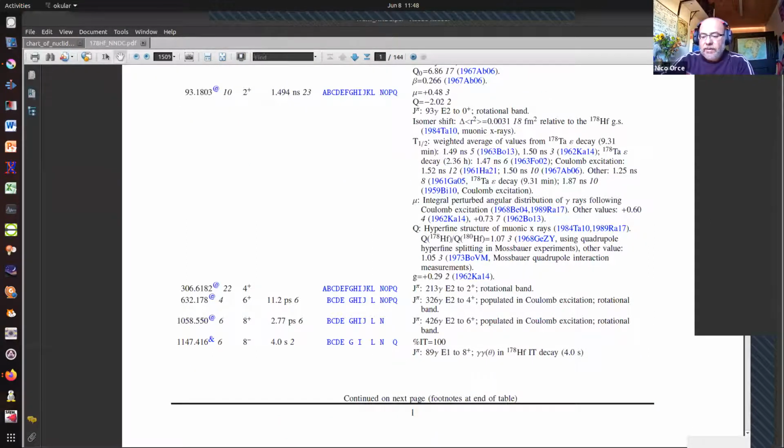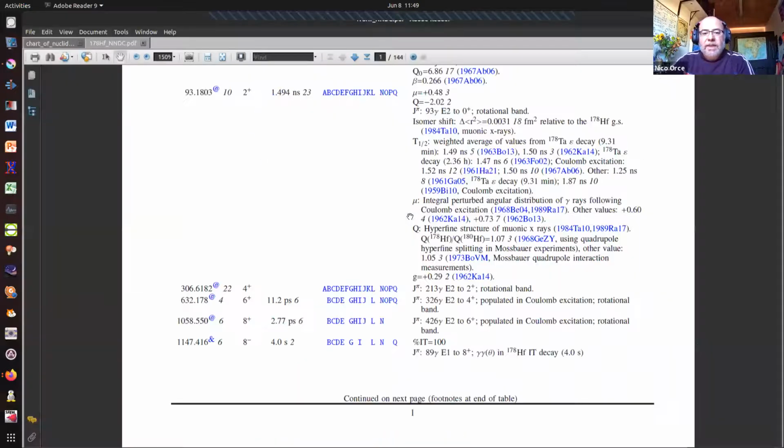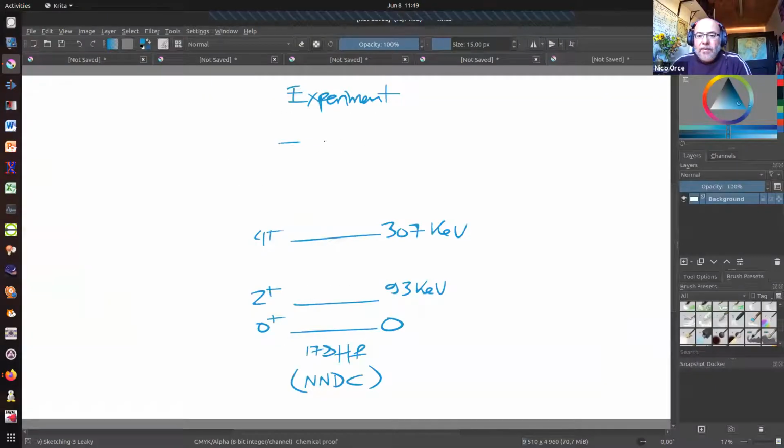Let's call it 307. The 4 plus comes at 307 keV. The next one is a 6 plus, and it comes at 632 keV.